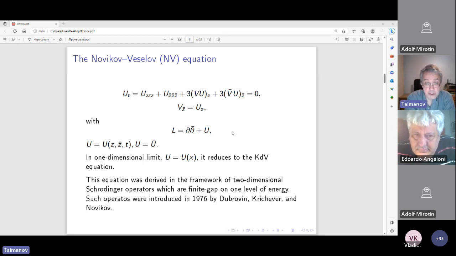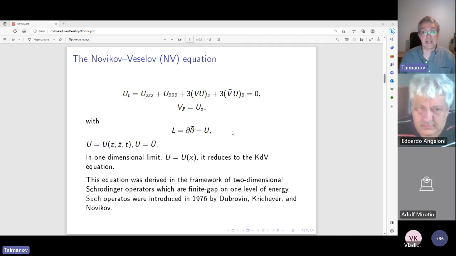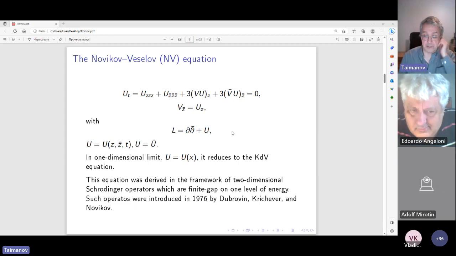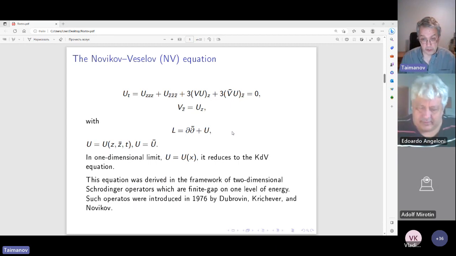And in terms of this algebro-geometric spectral data, the Novikov-Veselov equation exactly and immediately generalizes the KdV equation to the two-dimensional situation. It's different from the Kadomtsev-Petviashvili equation, which is also a two-dimensional generalization of the KdV equation.